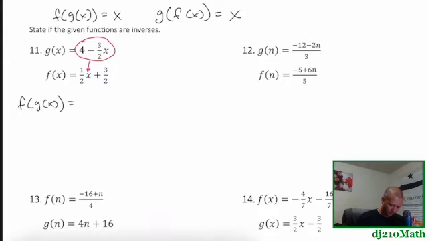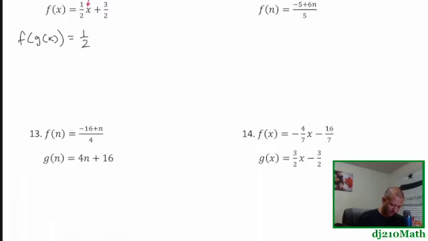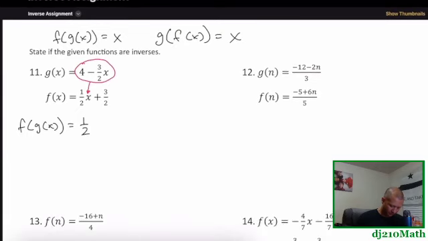So 1/2 x is going to be in red, the input, plus 3/2. Okay. We have to simplify. We have to distribute. So 4 times 1/2 is 2.